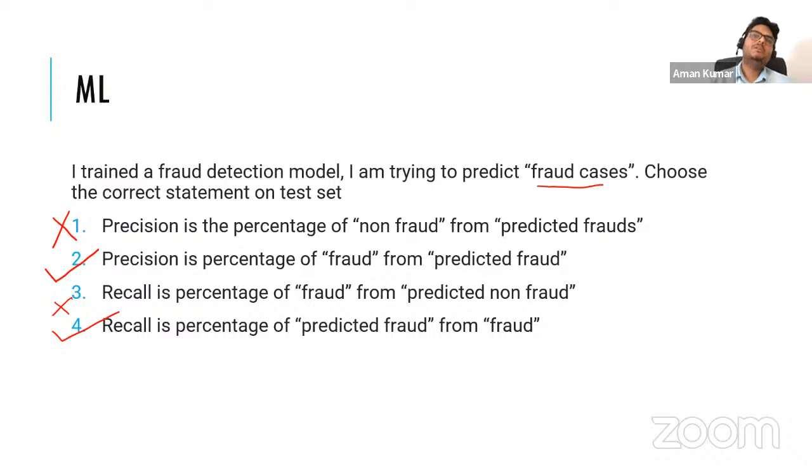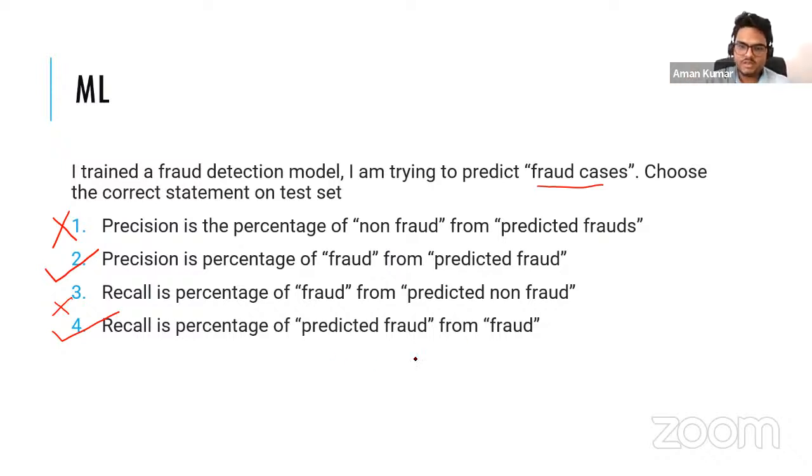Recall is nothing but, out of the actual frauds, what percent your model is able to pick. Recall is the percentage of predicted fraud from fraud.